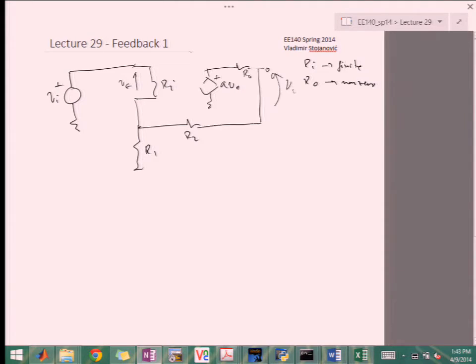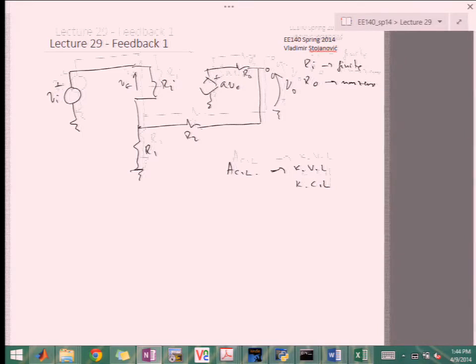And then this is VO. So now if you try to calculate ACL, you really only have to do a tedious KVL, KCL analysis. And after a little bit of work, you'll be able to finally do it.